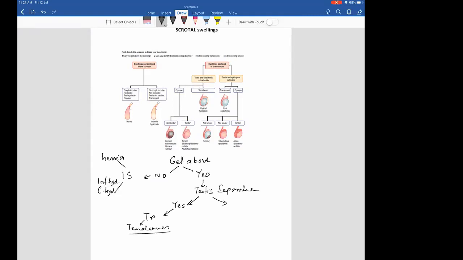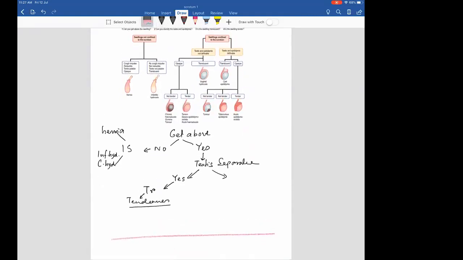If it is transilluminant, then it can be an epididymal cyst or an encysted hydrocele. If it is non-transilluminant, then it can be one of the three.